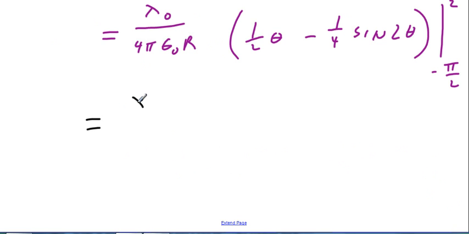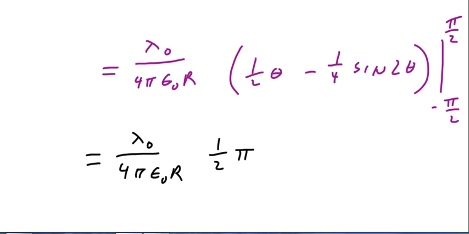And so we're going to get lambda naught over 4 pi epsilon naught r. And this is going to end up with 1/2 pi, because in both cases, sine of pi is 0, sine of minus pi is 0. And the only thing we have left over is 1/2 pi, because we have 1/2 times pi over 2 minus 1/2 times minus pi over 2, which is pi over 2. Okay, so that's fine. Which is lambda naught over 4 epsilon naught r.